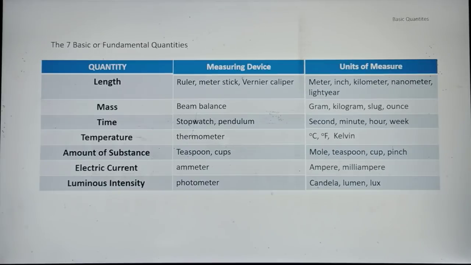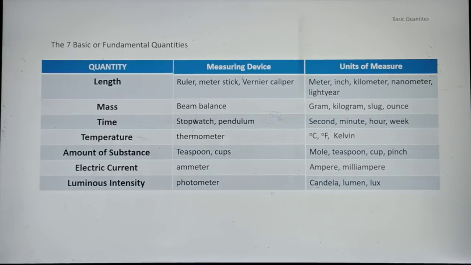Some units of these basic quantities are: for length, meter, inch, kilometer, feet, miles. For mass are grams, kilogram, slug, ounce. For time are second, minute, hours, day, week.